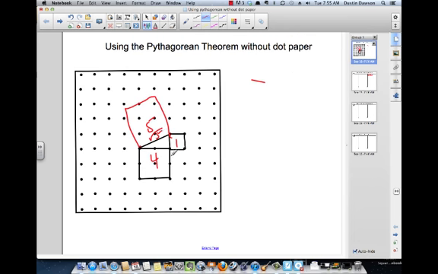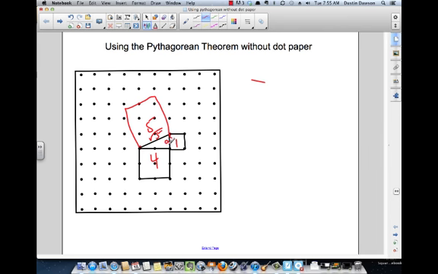This is exactly the same thing, because if you think of either of the legs being a and the other leg being b, a is only one unit, 1 squared. That's our a squared, plus b squared. Well, b here is 2 units, 2 squared, and that's our b squared.